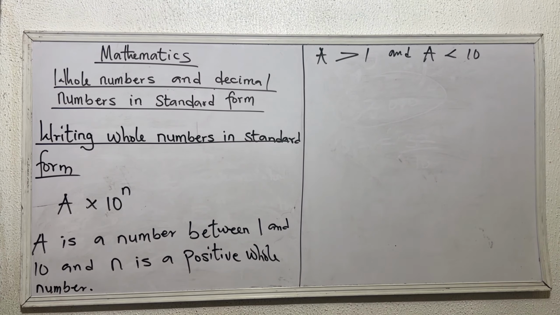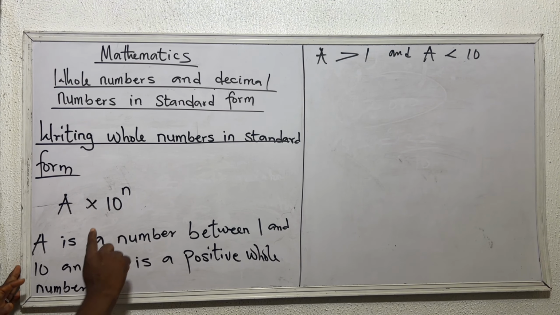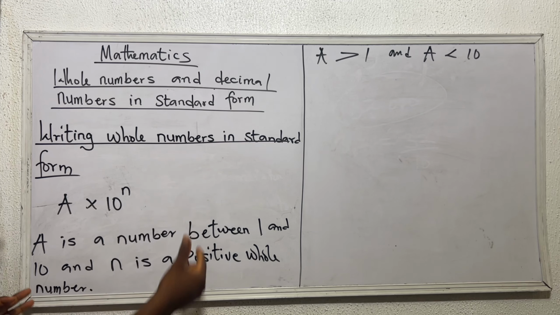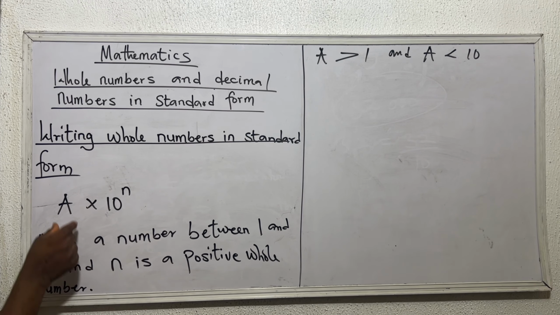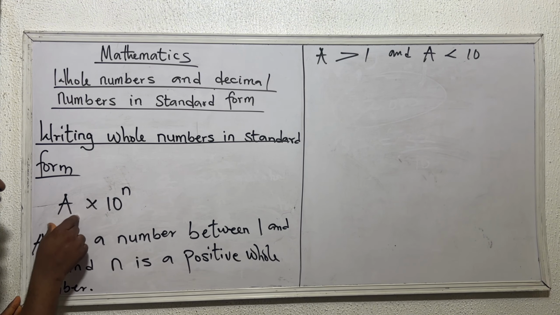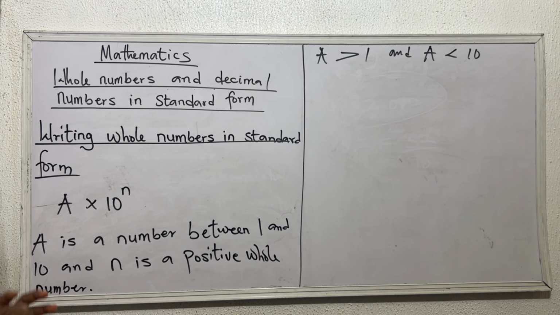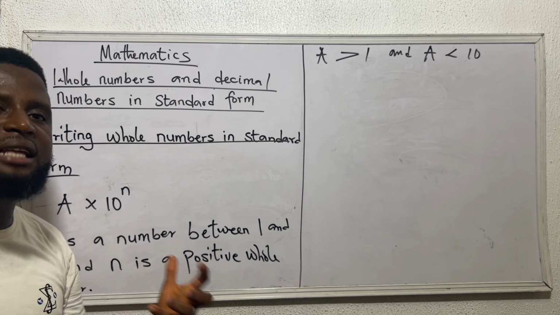To write all numbers in standard form, we must express that whole number in the form a times 10 raised to power n, where a is greater than 1 and a is less than 10. Then we've written that whole number in standard form.